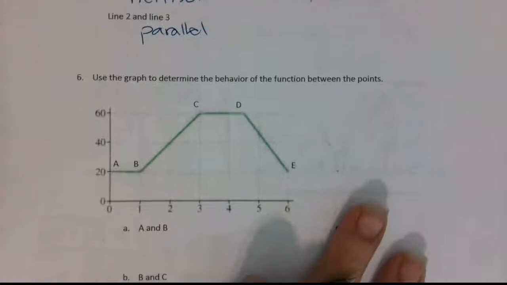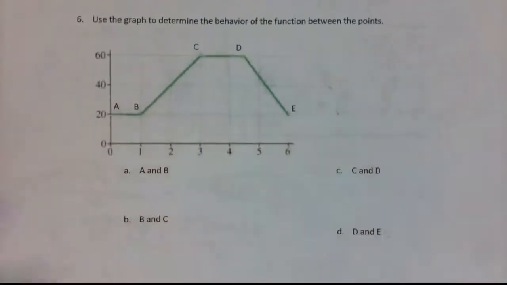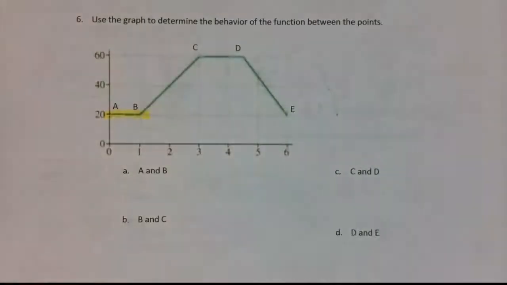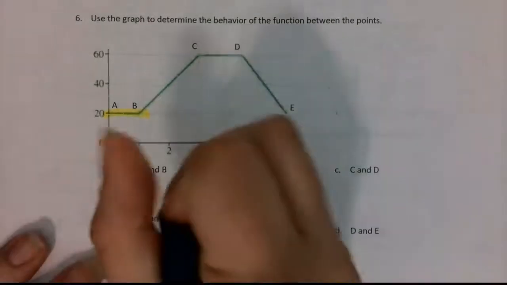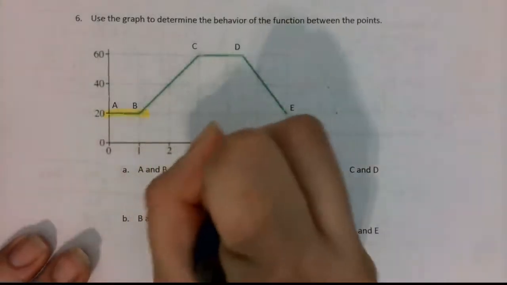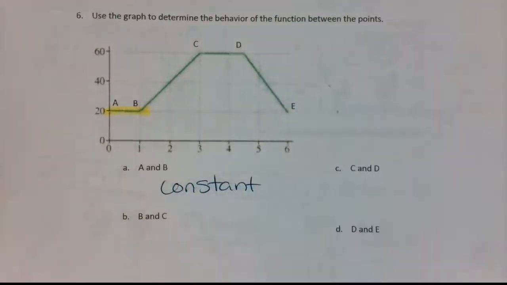Number 6 wants me to use the graph to determine the behavior of the function between the points. So if I am looking at A and B, it is constant. I should have also highlighted this piece.